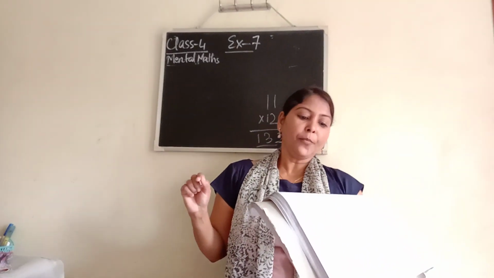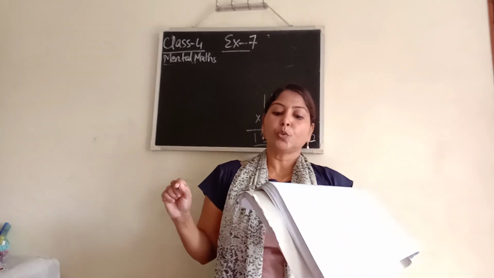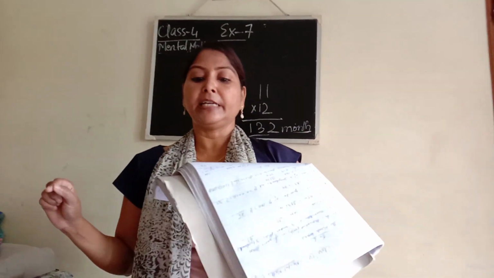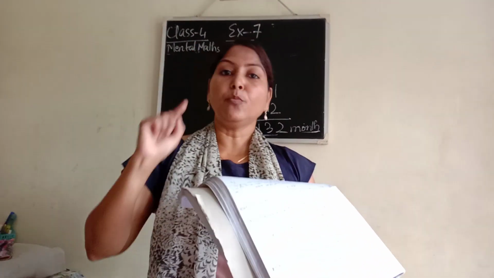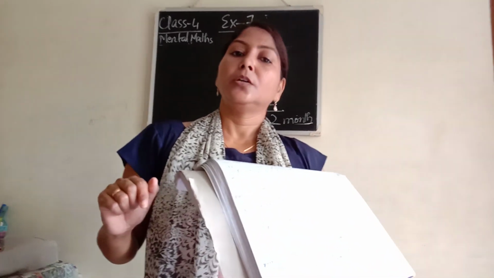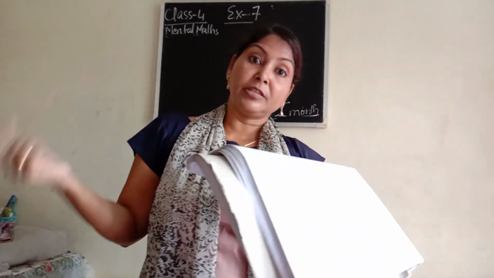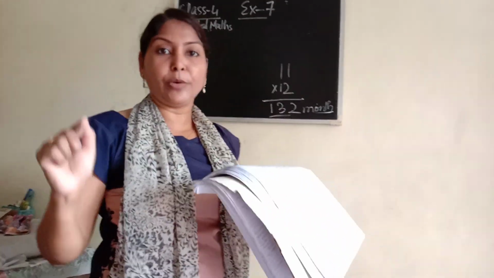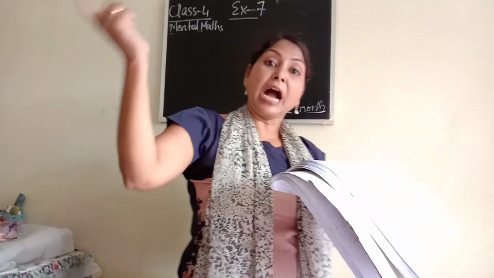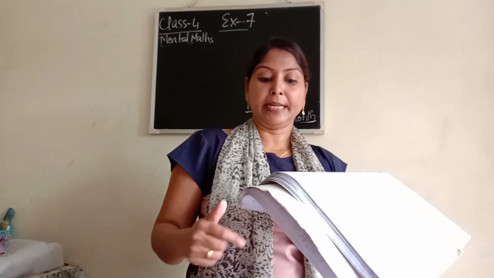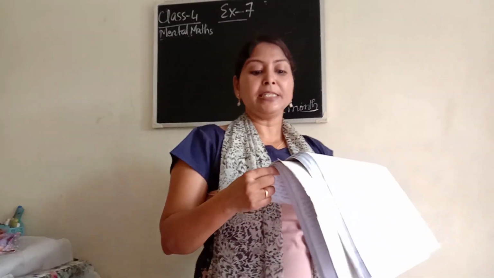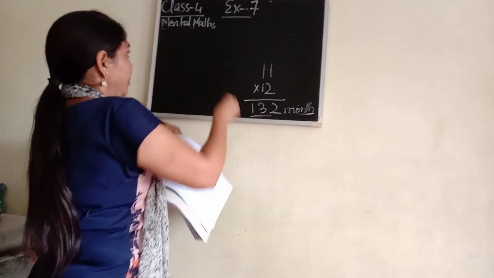Okay. How many units are there in 12 and a half dozen? Like in 1 dozen, how many units? 12 dozen. Then 12 dozens will be how much? You will have to multiply 12 into 12. Okay. Then half dozen also you have to add in that. See how it will be.